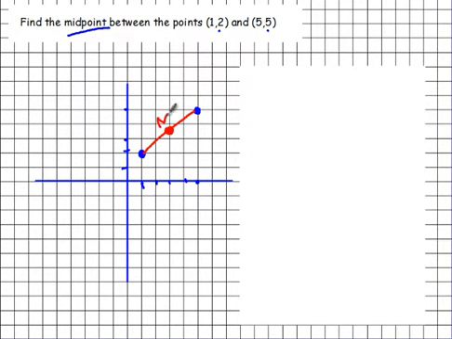I want to find the coordinates of that point M.